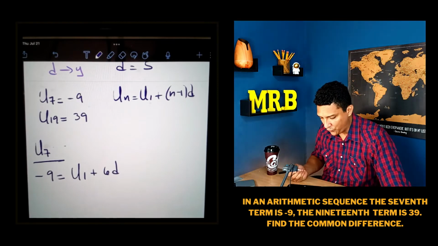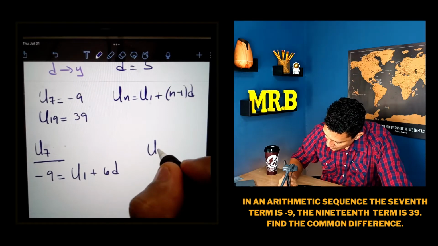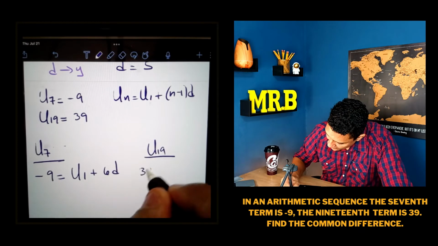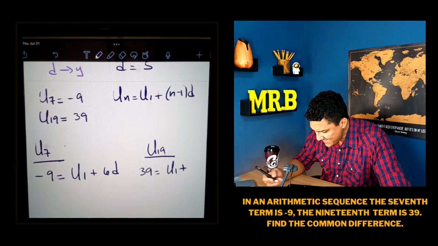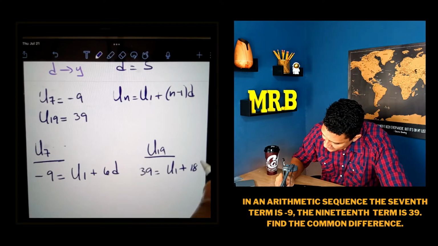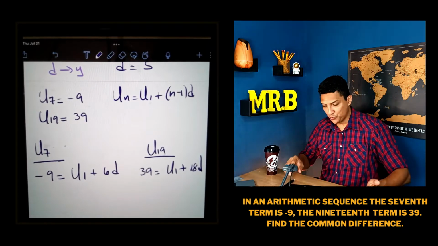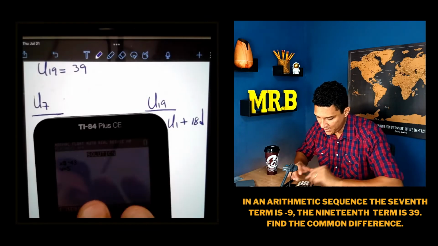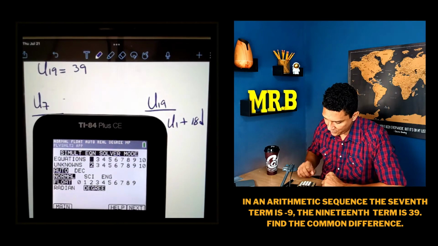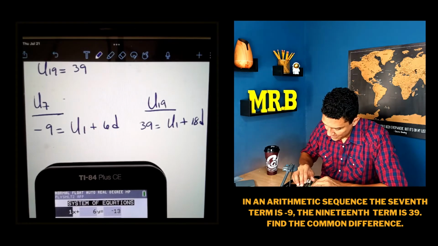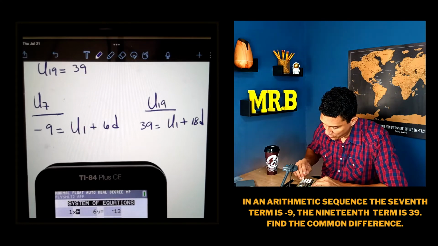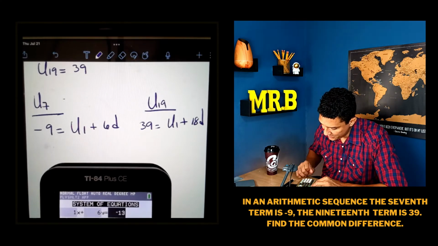So I have the first equation. Let's go to the second equation, u19. I know that 39 equals u1 plus n is 19 minus 1, 18, 18d. I have the two equations here and I'm going to input them in my calculator. 1 because it's x, plus 6d equals negative 9.